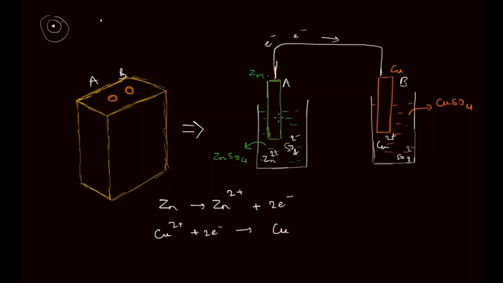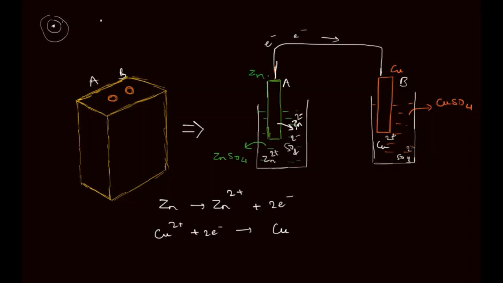So what will happen here from the zinc rod? Two electrons will move from zinc to copper, so a zinc ion gets created. Now the zinc ion will move from the rod into the solution, because ions cannot remain inside the rod.